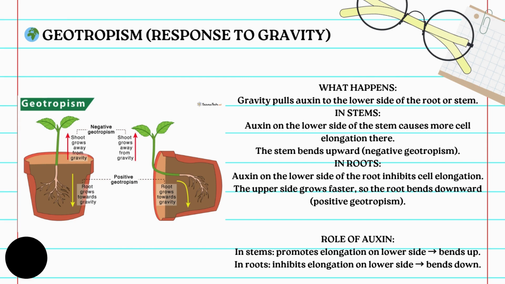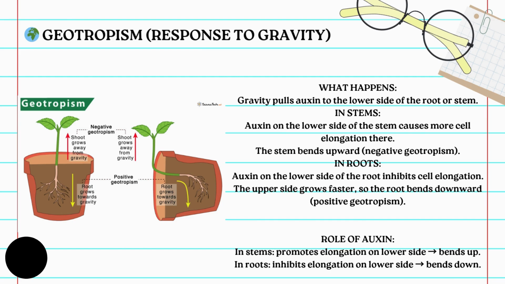Because of gravity, auxin will be concentrated at the lower part of the plant, like the stem and the root, and that will also be the part that is more shaded. In the stems, like I mentioned, it will encourage cell elongation, which is why a plant grows taller.